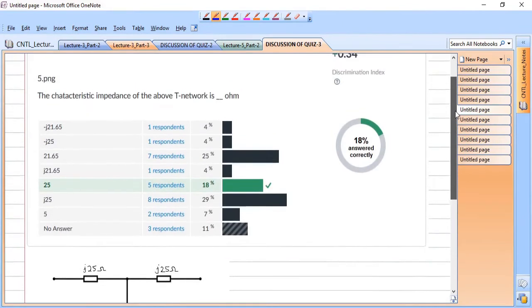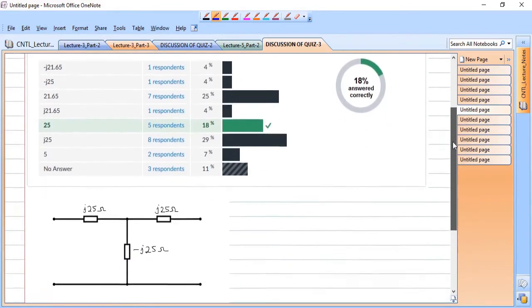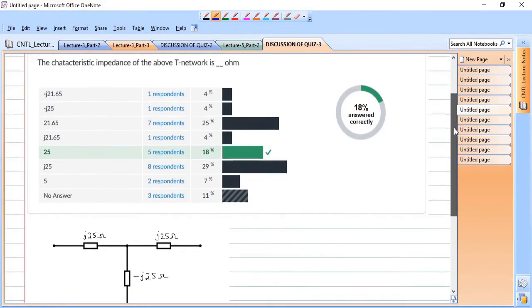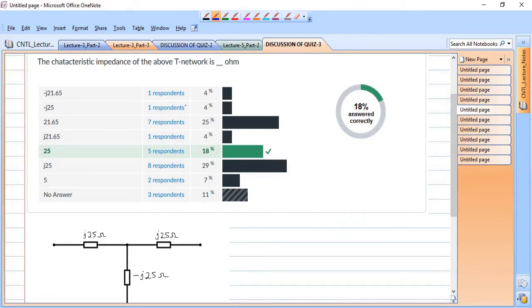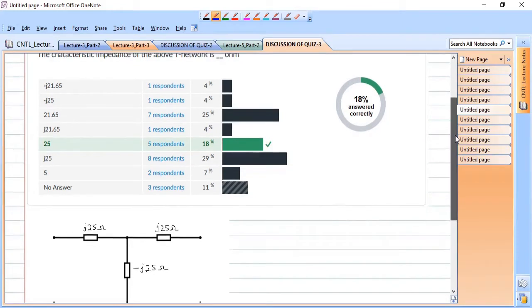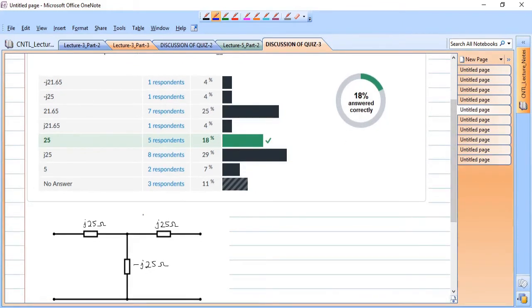Okay, the next question is, we are given a T network and we are asked the characteristic impedance of the above T network in ohms. So we have the series arm impedances J25 and the shunt arm impedance is minus J25. So what are these?